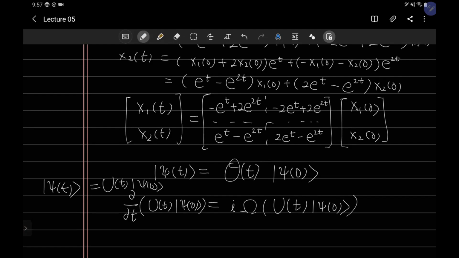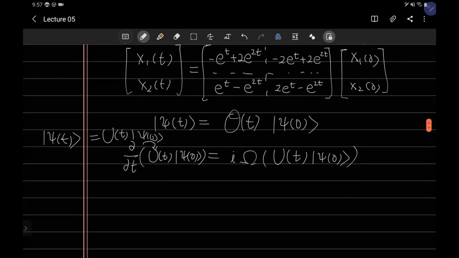And now we know that this time derivative will only work on this guy because this is fixed in terms of the time. So eventually both of the terms will have this vector at time t equals 0 multiplied from the right hand side.